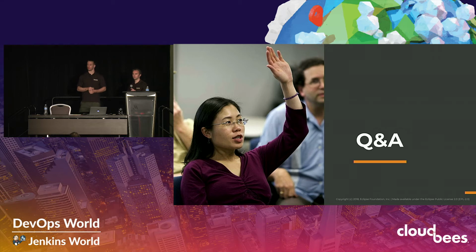Any other questions? How do you do the Jenkins home backup? For now, it's a custom solution, but we're working together with CloudBees to automate that more. On the old infrastructure, the Jenkins homes were on NFS, so we are backing up the NFS folder where all the Jenkins homes were.